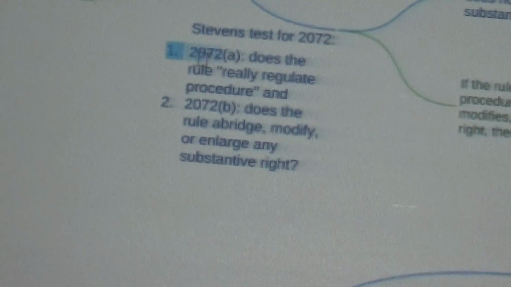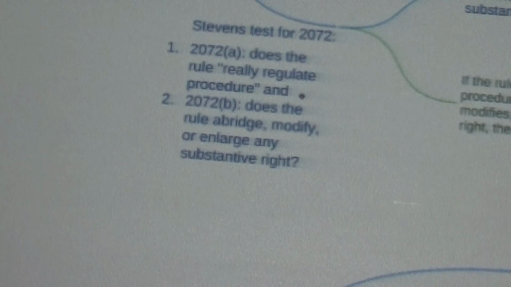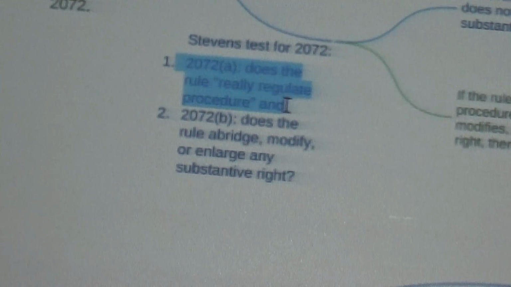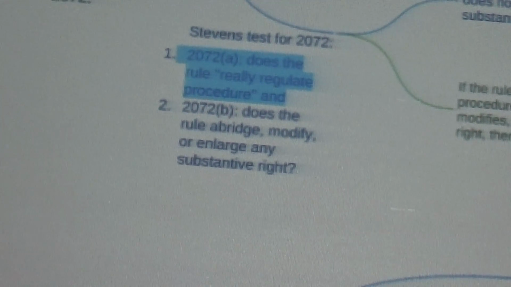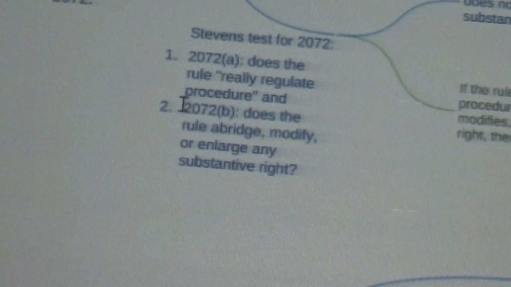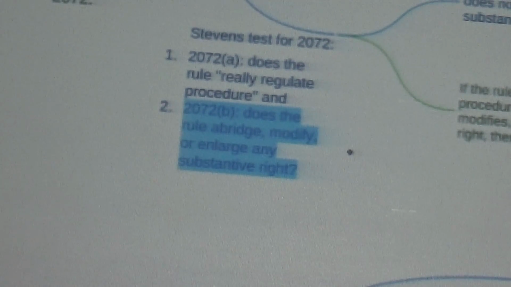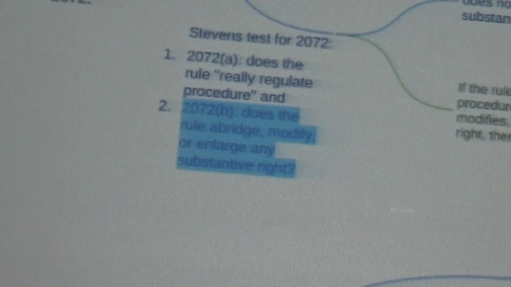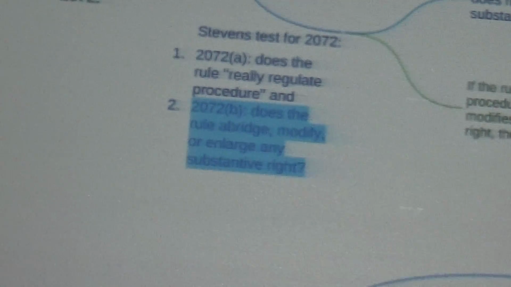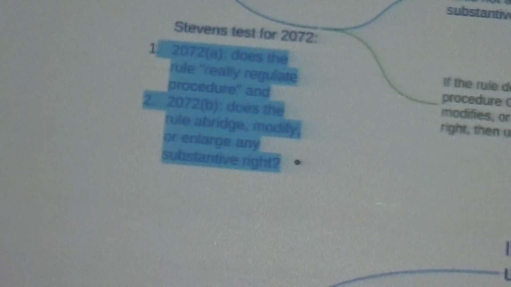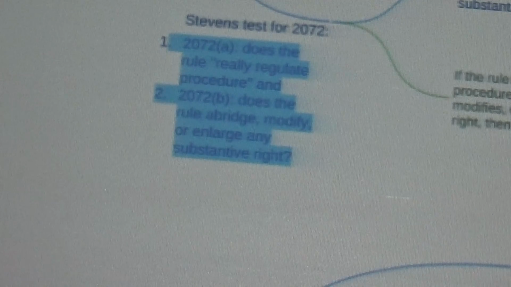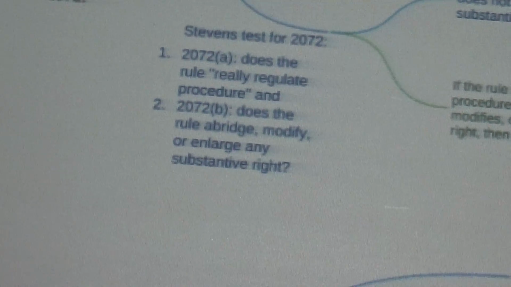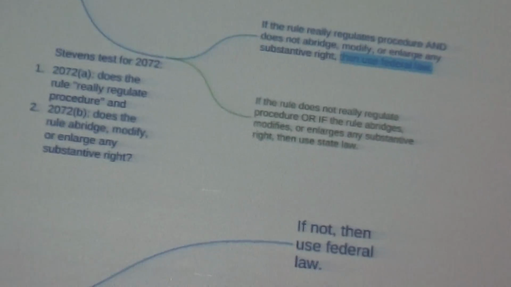The really regulates procedure part is 2072(a), and he wants a separate analysis of 2072(b): does the rule abridge, modify, or enlarge any substantive right? If you get both of these, and the federal rule is still valid, then you use federal law.